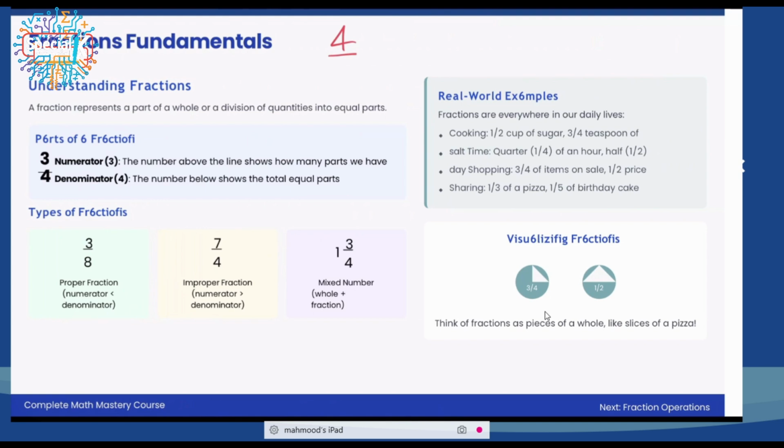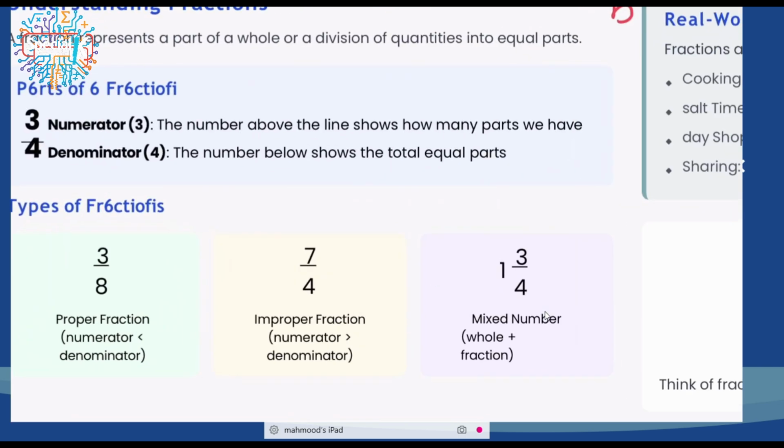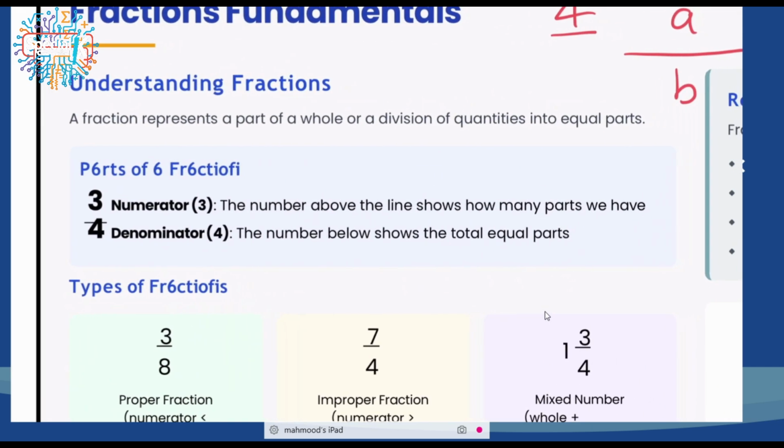I have two important parts. As you just remember, A divided by B. But let's name them. A is the number written on the top, which we call the numerator.